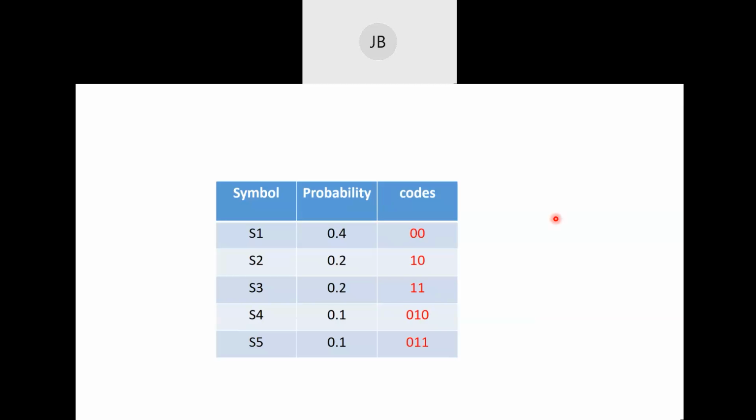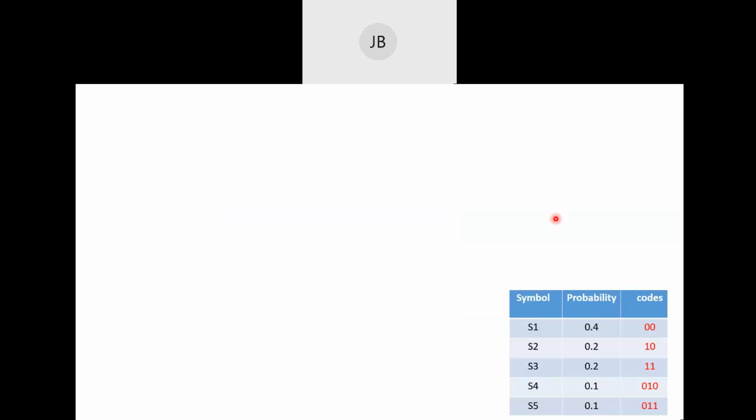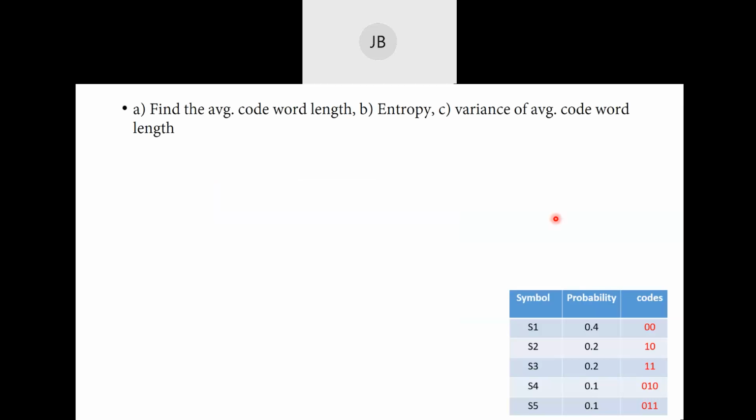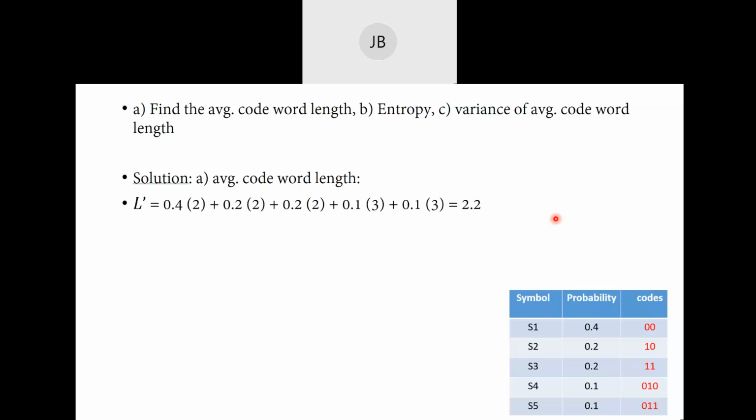Okay, then we will move on to see the other part of this example. So now we need to find out the average code word length, entropy, and variance of average code word length. So first part is average code word length. Average code word length, L prime, refers to the number of bits in the code word multiplied by its probability.